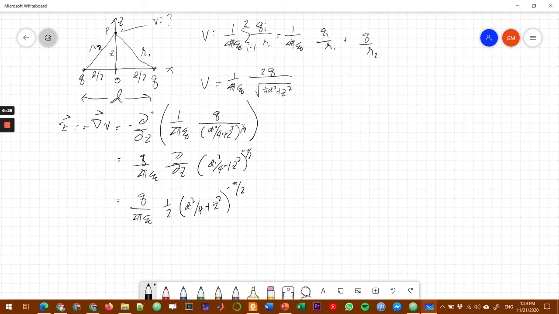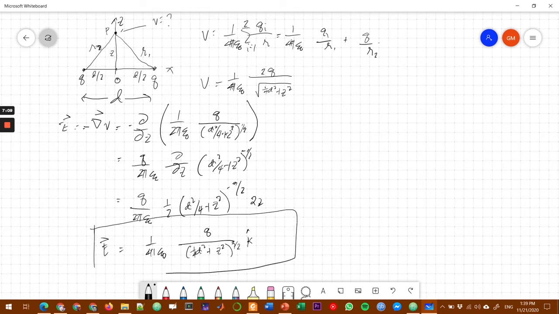Then the derivative of the inside quantity is 2z. Therefore, the 2z cancels with the 1/2 below. We still have 1 over 4 pi epsilon naught times q over d squared over 4 plus z squared to the 3/2. And the direction of the electric field, of course, because this is a vector quantity, is in the z direction, so we have k hat. So this is now the electric field.